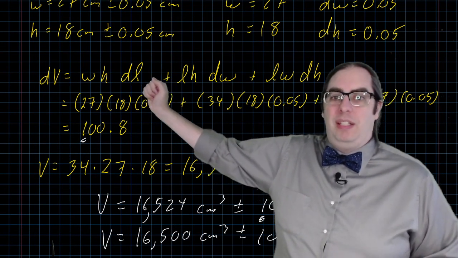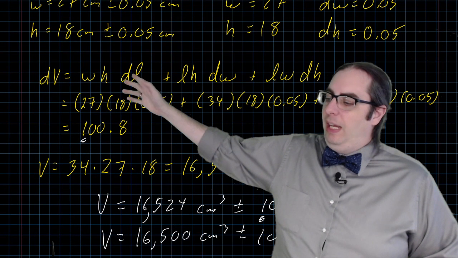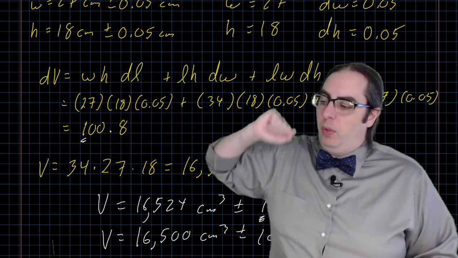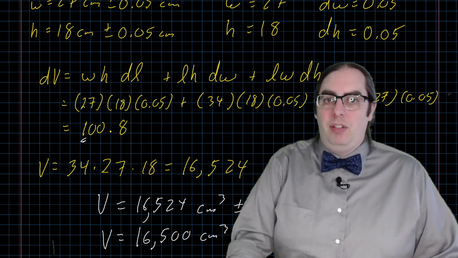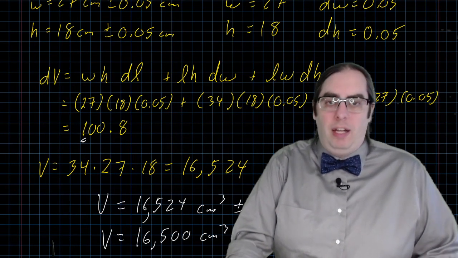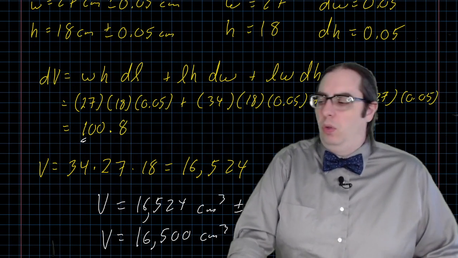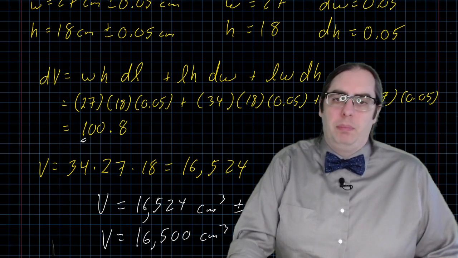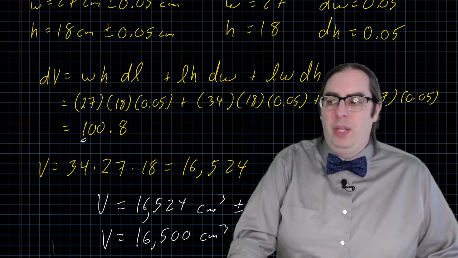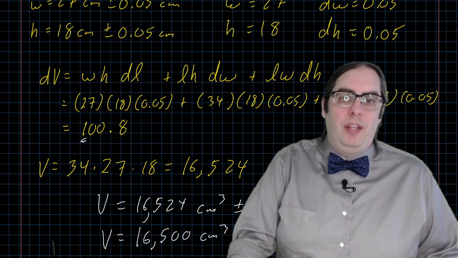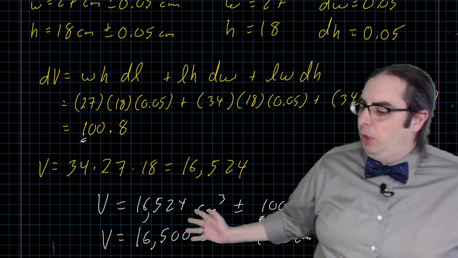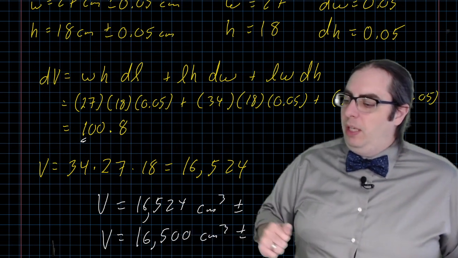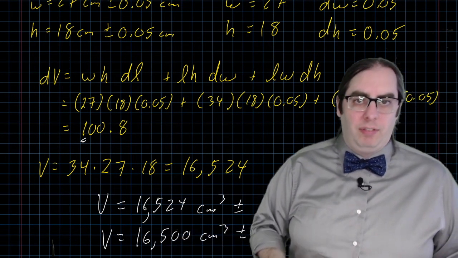Using the significant digits convention, 18 centimeters plus or minus 0.05 centimeters is significant to the 10th of a centimeter, or maybe the 100th of a centimeter, but probably the 10th of a centimeter, which means that the length, the width, and the height all had 3 significant digits. And when we look at how I just rounded the volume, it has 3 significant digits.